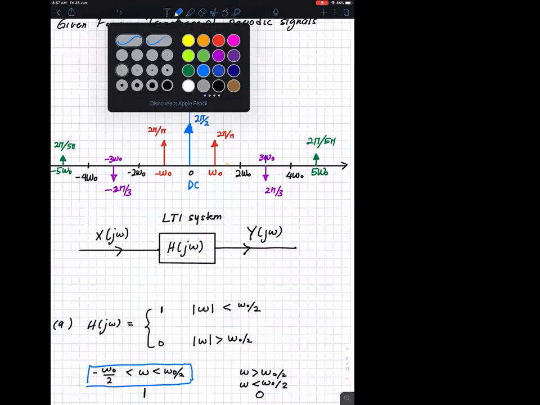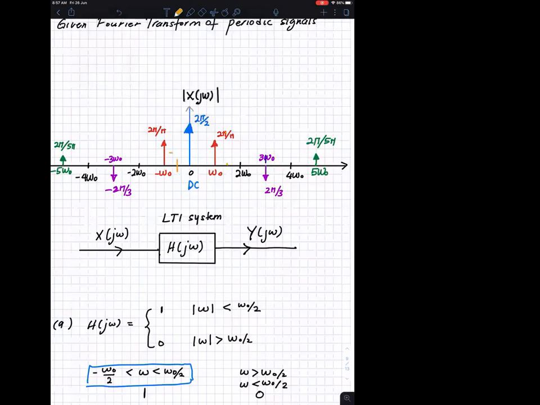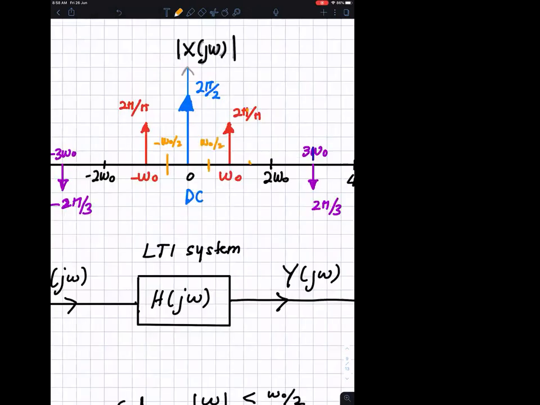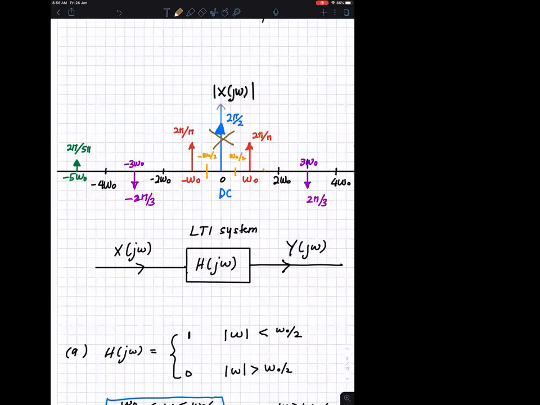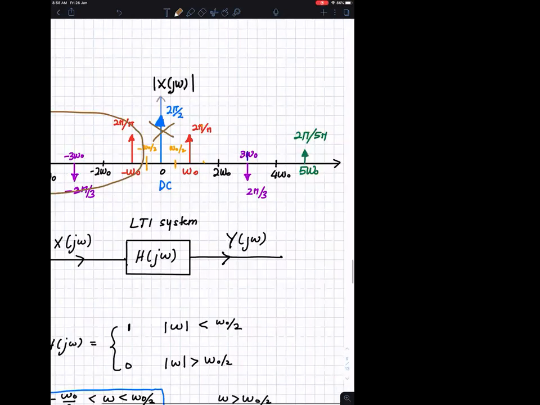Then it's omega naught over 2. So that means you won't be receiving DC. DC gets filtered out. But all the others are accepted. Mathematically speaking, the one circled is going to pass through the filter. The one I just crossed out, the DC, is not going to pass through.